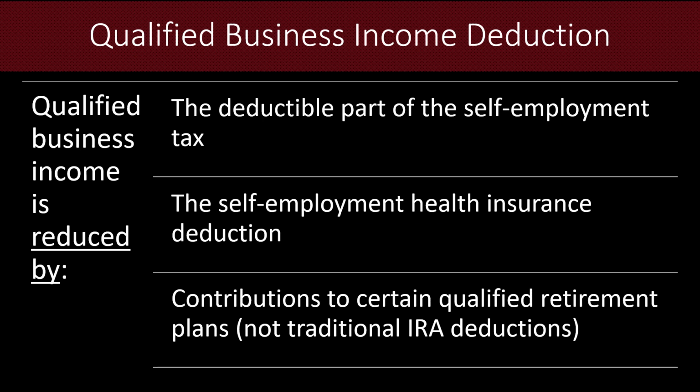So when looking at the QBI deduction, it's also important to note that it is the qualified business income that's reduced by the deductible part of the self-employment tax, the self-employment health insurance deduction, and certain contributions to certain qualified retirement plans, not the traditional IRA deductions.